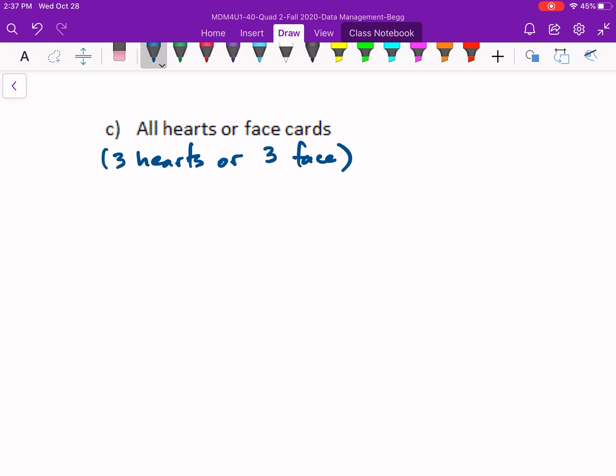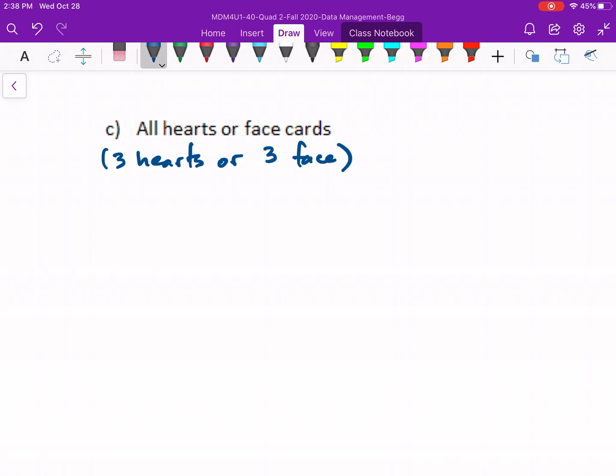So not a combination, because if you think about it, you could read this another way, that they're all going to be hearts or face, as in maybe I've got 2 hearts and 1 face that's not hearts, or maybe I've got 2 face cards and a heart that's, the face cards aren't hearts. I'd have to approach this differently if I interpret it that way.